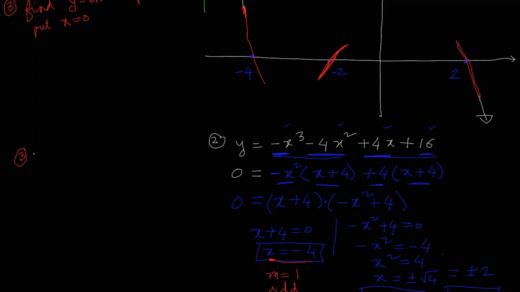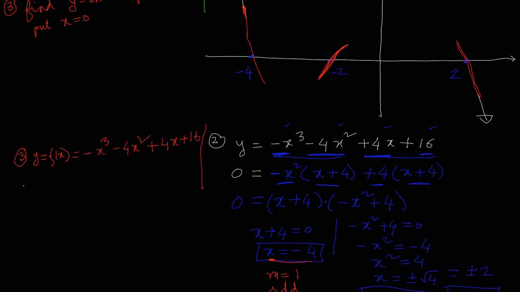So my function is y equals function of x. I'm rewriting just for clarity: -x cube -4x square positive 4x plus 16.